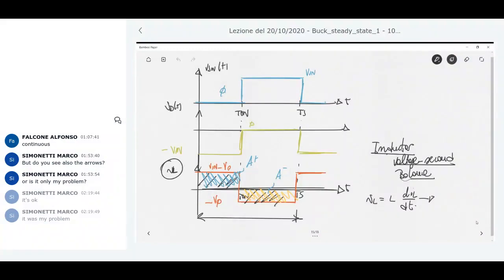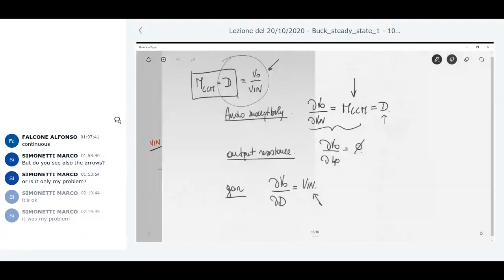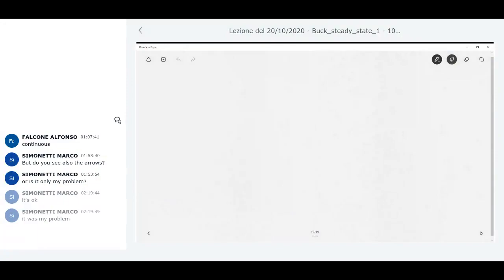But there exists the duality theorem for the capacitor, which is called the capacitor charge balance. It's like the voltage-second balance for the inductor, now for the current flowing through the capacitor. It will be useful for successive analysis.